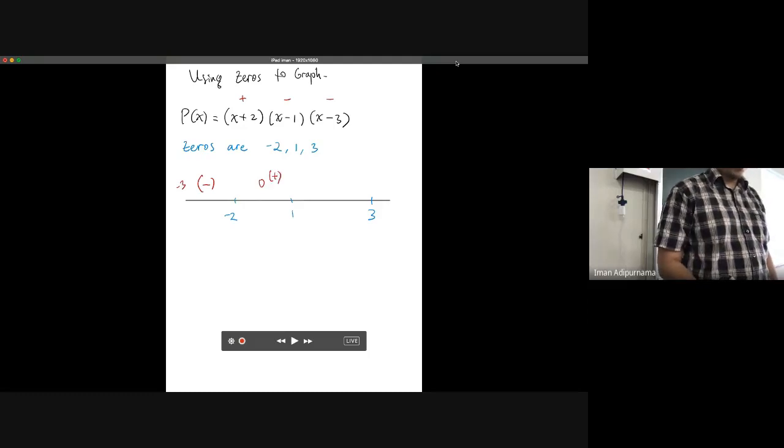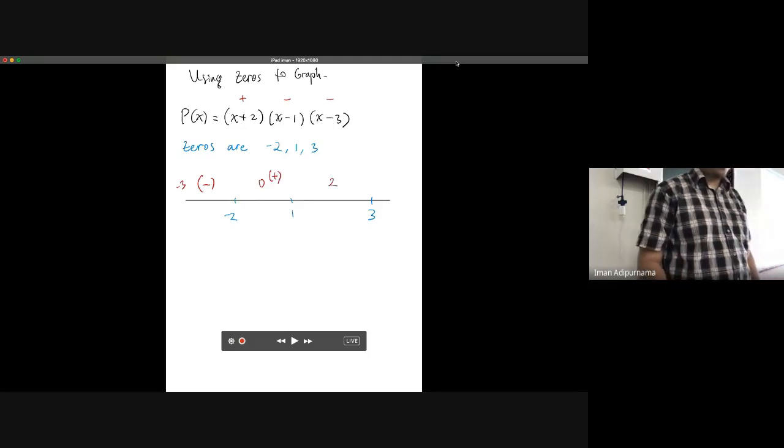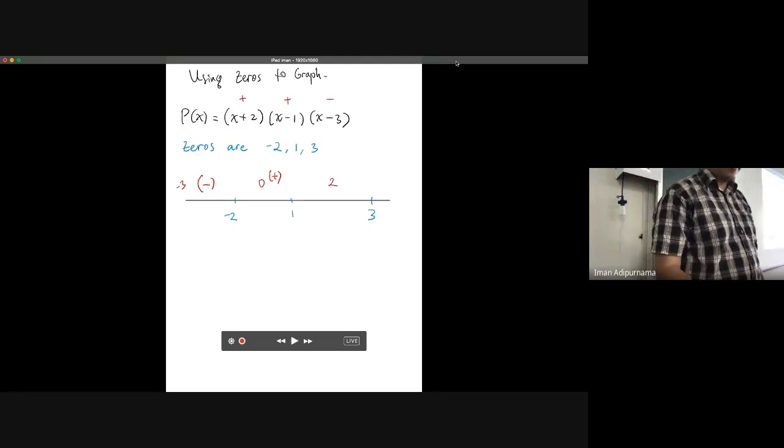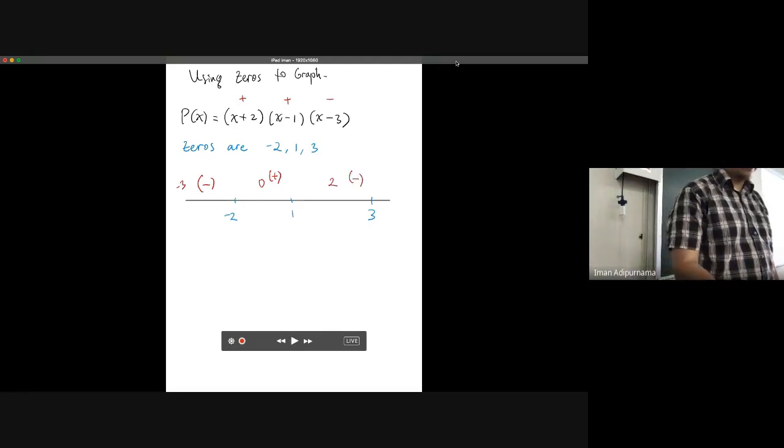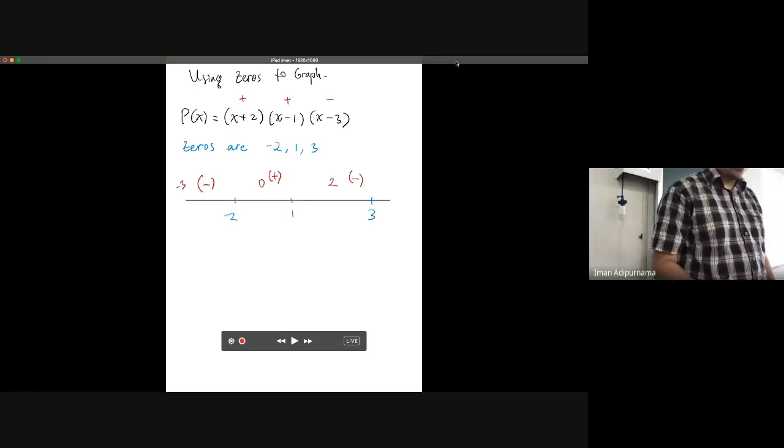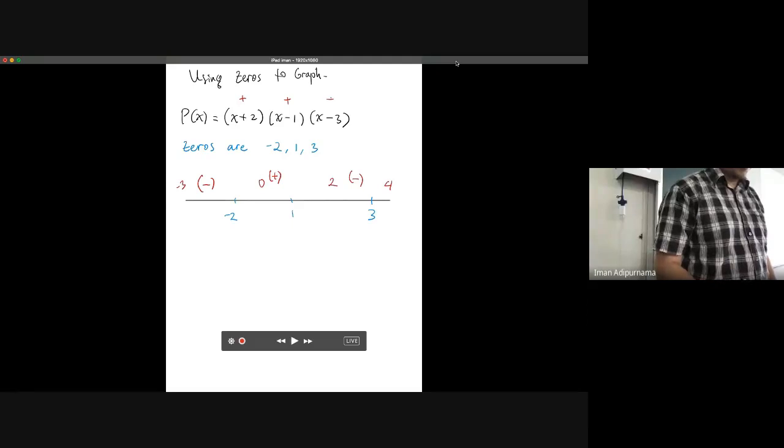Try 2 here, it will be positive, positive, negative. So it should be negative. And trying more than 3, say 4, it's positive, positive, positive. Yeah, all positive. So negative, positive, negative, positive.